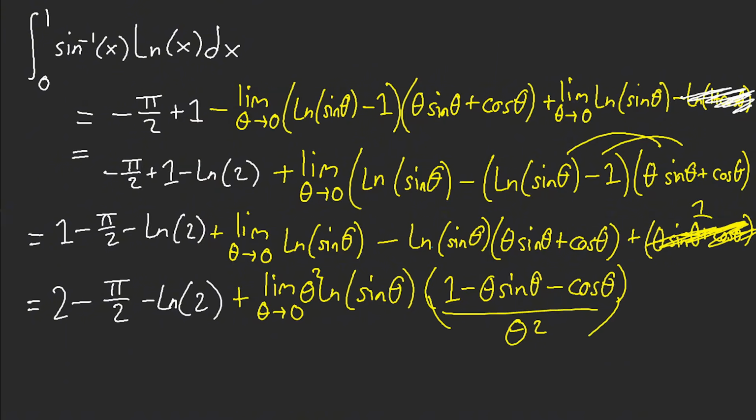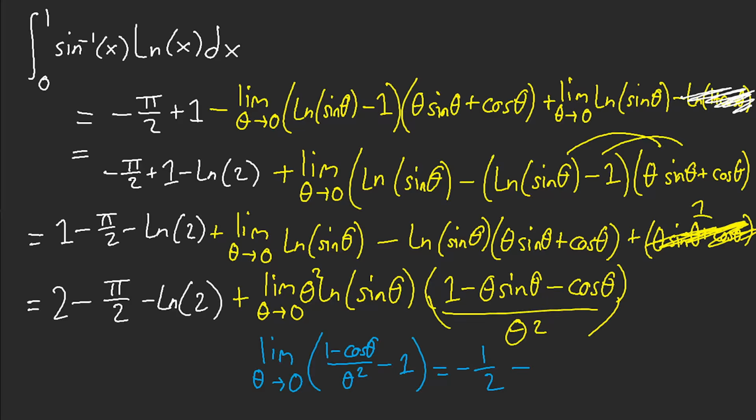is this gives me a baby limit. You can only do this when the baby limit is equal to a non-zero limit, right? So this is safe for me to do because I know this is like 1 minus cosine theta, and this is like minus 1. This is equal to negative 1/2.